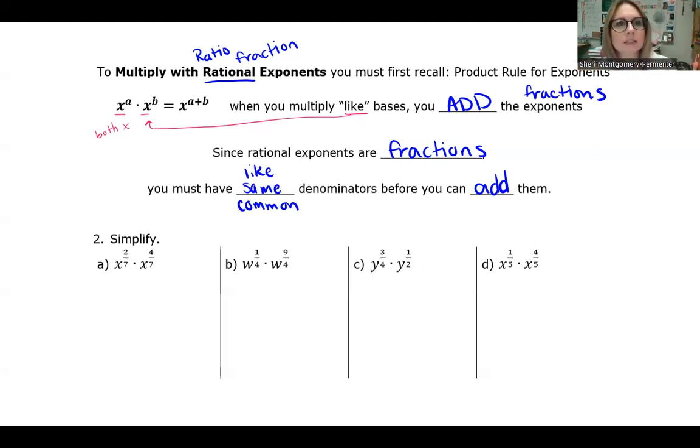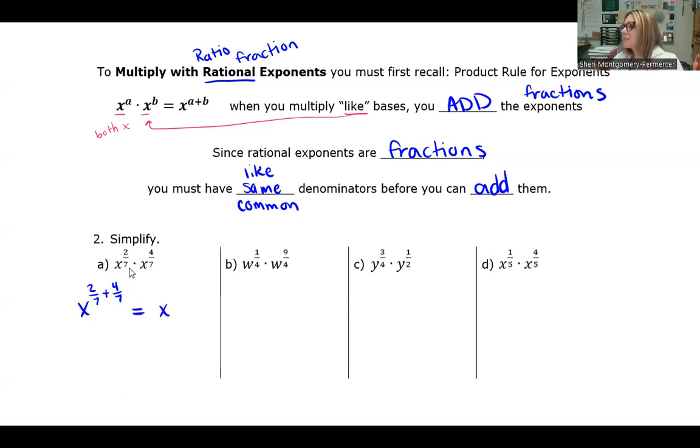So let's start. It says simplify. We are multiplying bases. So what do we do with the exponents? Add them. So we have x to the 2/7 plus 4/7.